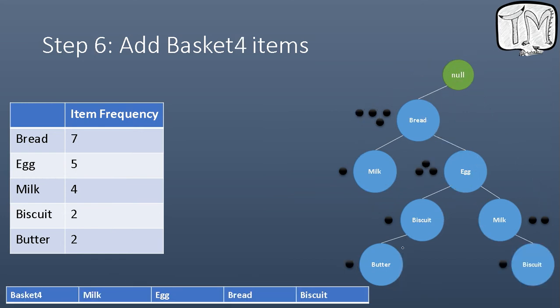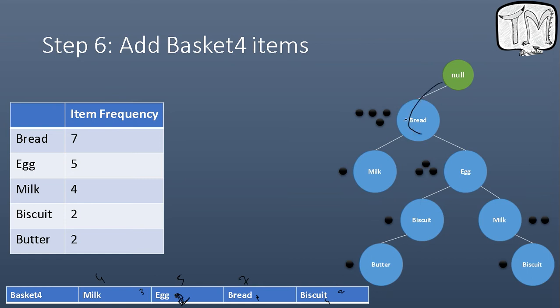Okay, so let's move on. So in this example, we have bread, which will be added first, then egg, which has frequency 5 and will be added second, then we have milk with frequency 4 which will be added third, and then finally we have biscuit with frequency 2 and added fourth or at the last.